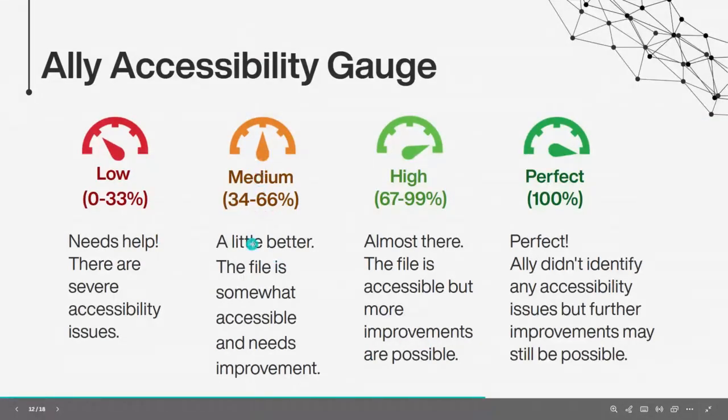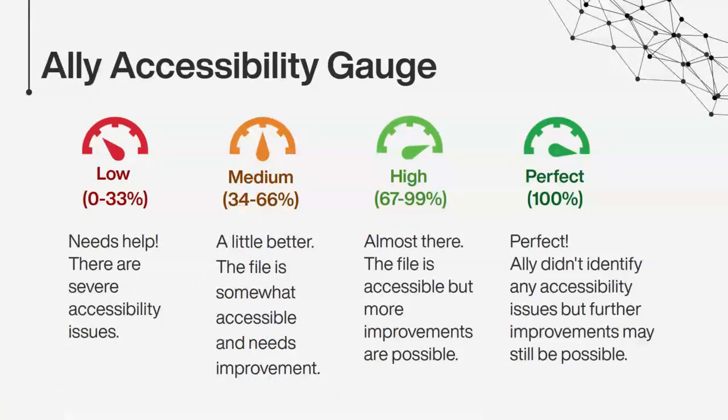This one, some of the stuff might be tagged. Maybe one of the pictures is tagged, but not all of them. This is typically pre-accessibility for any Word document that is initially uploaded. This is the most common one I've seen.